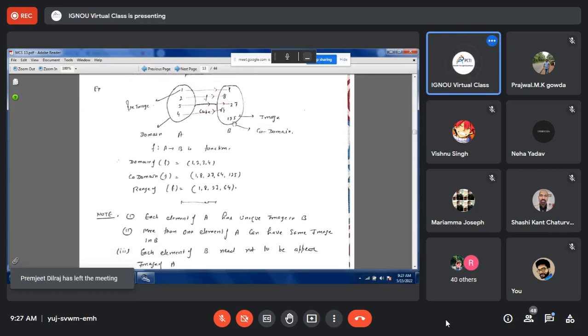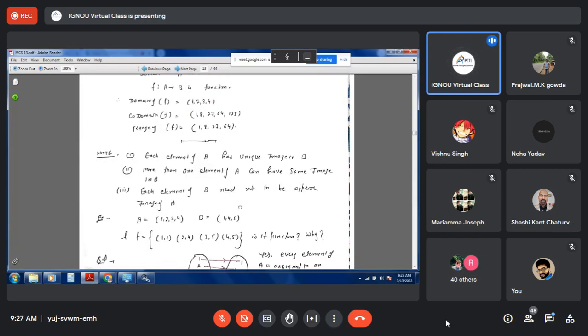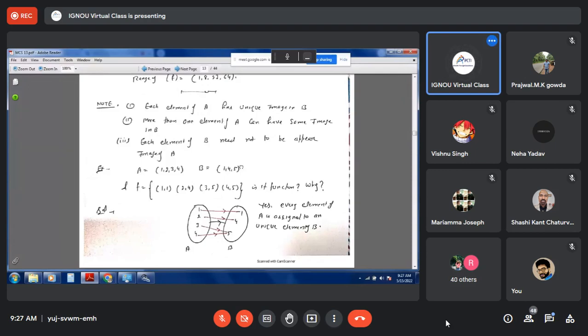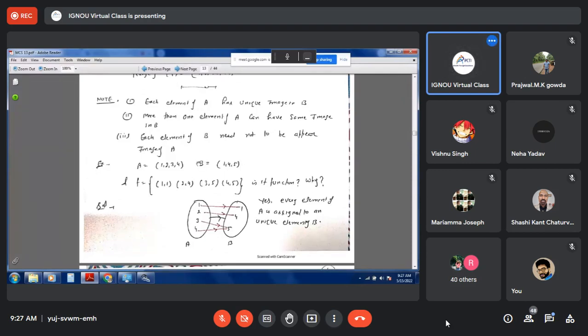If its pre-image is present, it will be counted in the range. If its pre-image is not present, it will be counted in the codomain. So let us see some more examples. All the examples we are discussing are from your booklets or the exams.